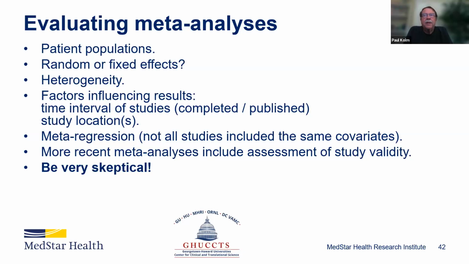There are some articles that come up with a numerical score for study validity and try to include that in the calculations of the overall effect size, as well as heterogeneity.